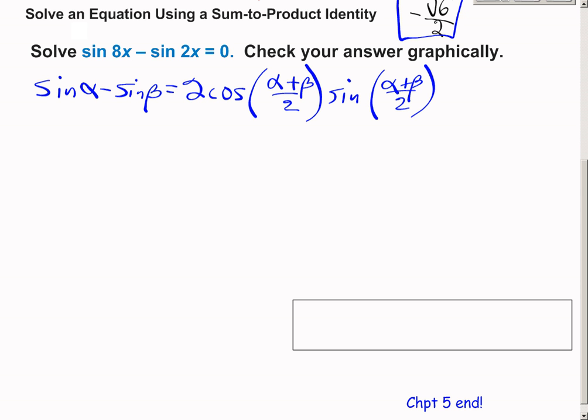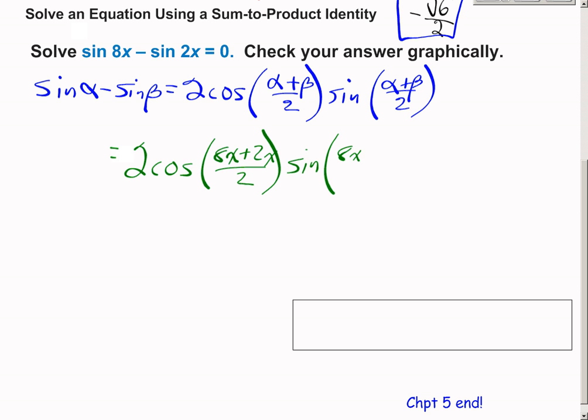So we start plugging some things in there. We have 2 times the cosine. Alpha is 8x. So 8x plus 2x over 2. And the sine of 8x plus 2x over 2.